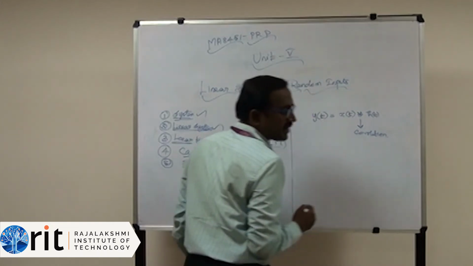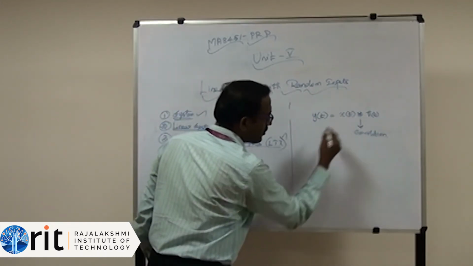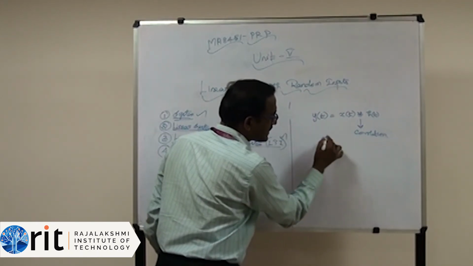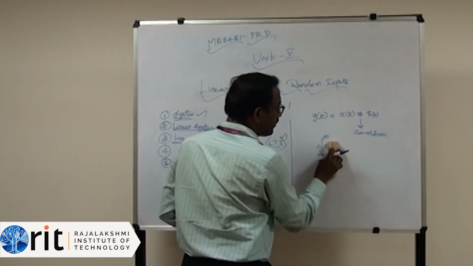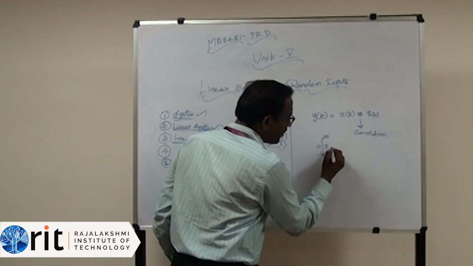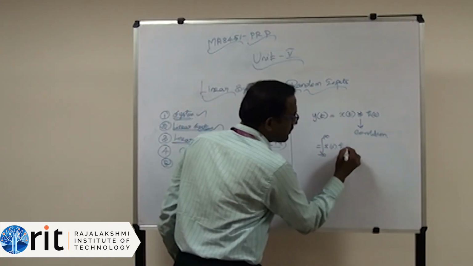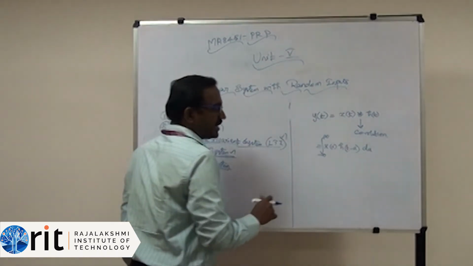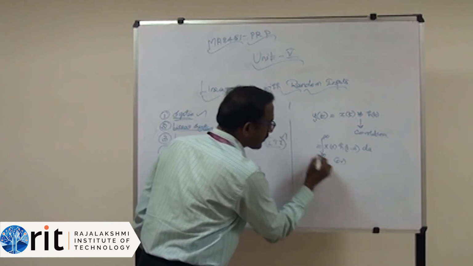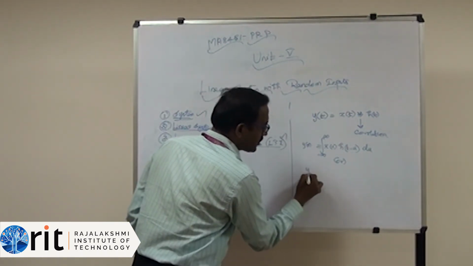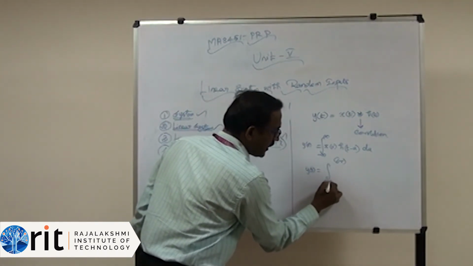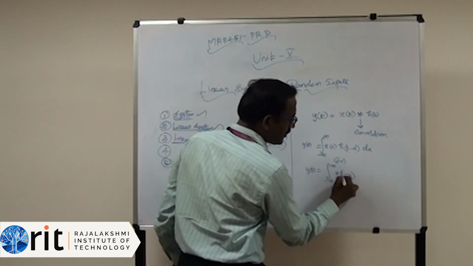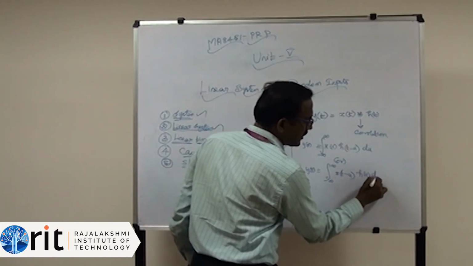How does it become this? Normally we write convolution as the integral from minus infinity to plus infinity, replacing t by u in one function and t by t minus u in the other. So y of t equals the integral from minus infinity to plus infinity of x of t minus u into h of u into du.